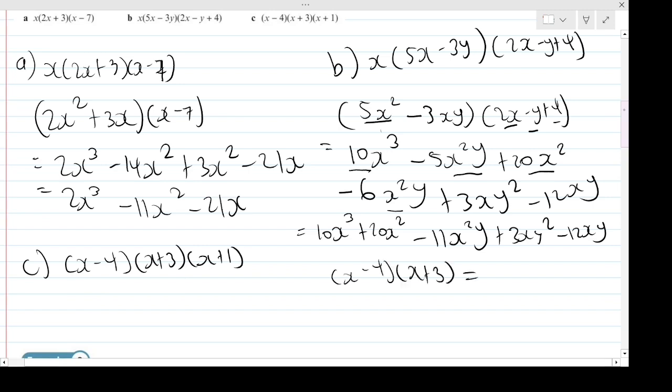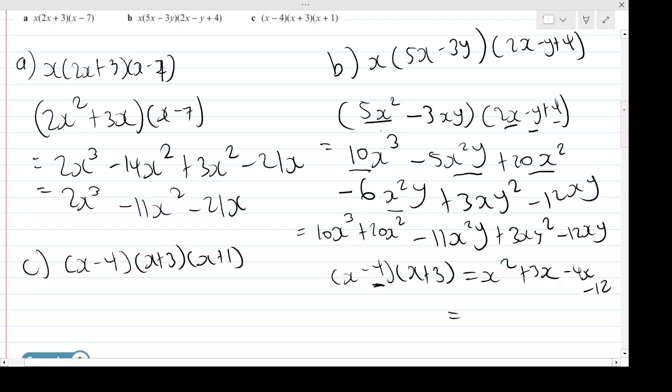Well, that's going to be firstly x times x, which would be x squared. Then x times 3 would be 3x. Then minus 4 times x is minus 4x. And then minus 4 times 3 is minus 12.